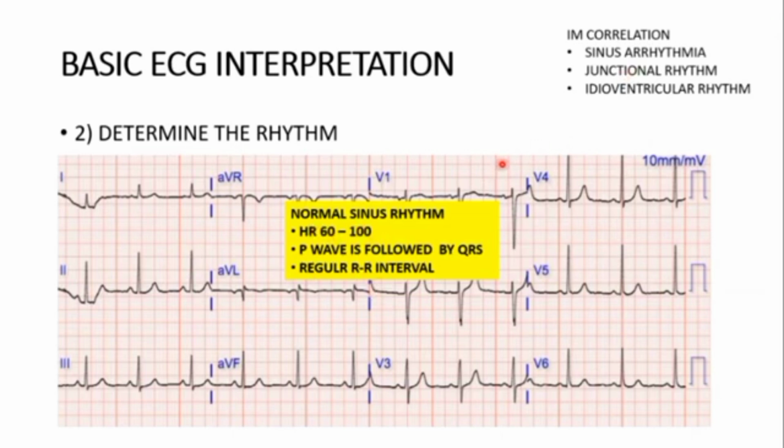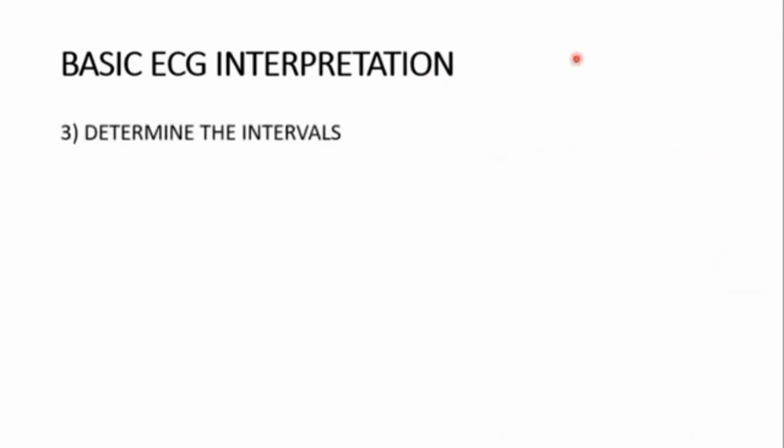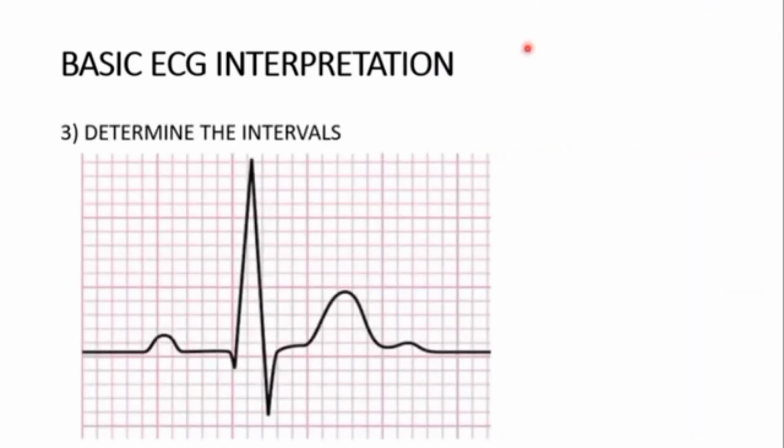After knowing the rate and rhythm, let's see the intervals. This is the normal wave of an ECG. One small box equals 40 milliseconds. I said earlier that as time passes, these waves are drawn on the ECG paper by the machine.